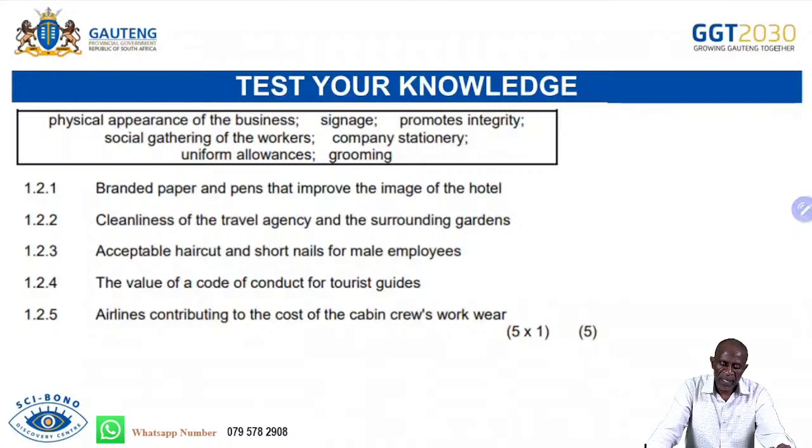So here you have to match the concept given above with the correct explanation from 1.2.1 to 1.2.5. Branded paper and pens that improve the image of the hotel, cleanliness of the hotel agency and the surrounding gardens, acceptable haircut and short nails for male employees, the value of the code of conduct for tourist guides, airline contributing to the cost of the cabin crew workwear.